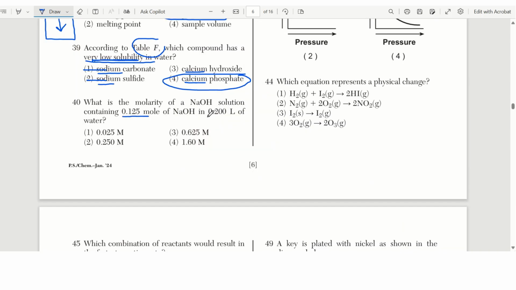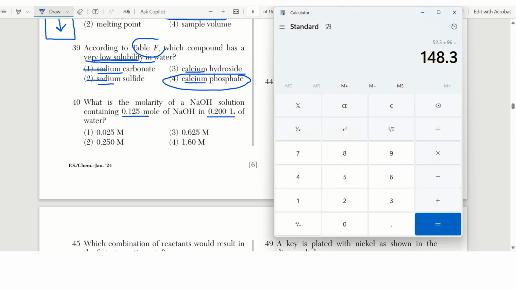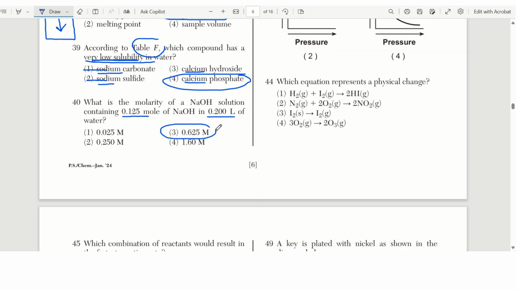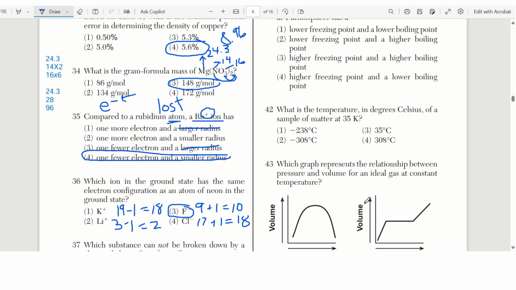So let's open the calculator. Moles, 0.125, divided by liters, 0.2, is 0.625. And that is an answer. It's always a good sign when we do the math and we get the right answer.